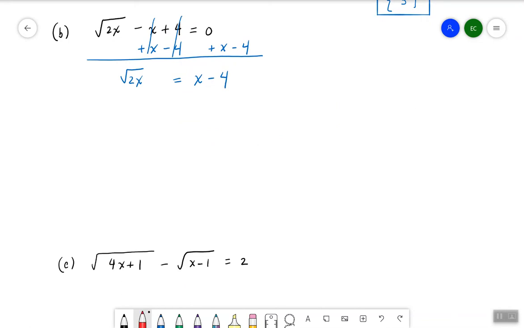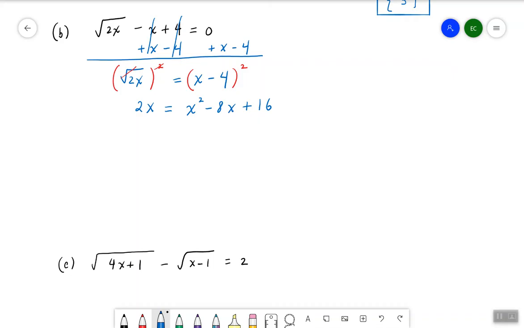And so now the square root is isolated. Let's go ahead and square both sides. The square root and the square cancel, and we're just left with 2x on the left. And then on the right, we have x squared minus 8x plus 16. So we have another quadratic equation, and we can solve it.